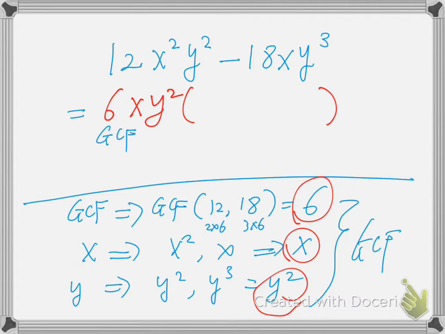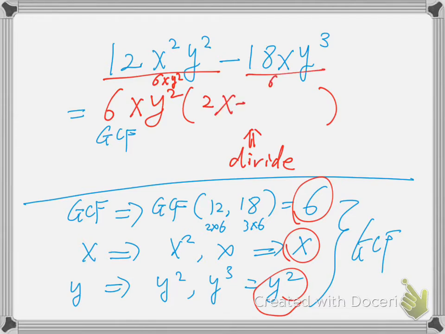Now we need a product. So how do we find the other part? Divide, right? The top two terms divided by the GCF. This divided by 6x y squared, we get 2x. Minus, this one divided by 6x y squared, we get 3y, x cancelled. So this product is the final answer.